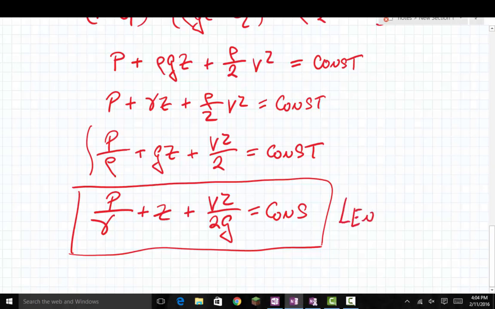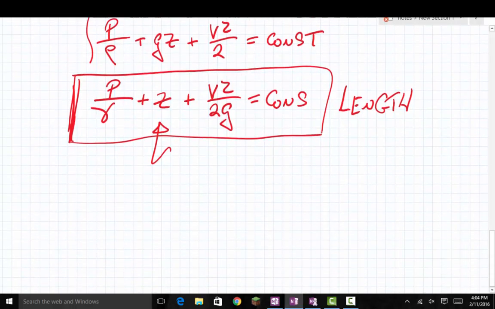Sometimes you'll talk about the pressure head of a pump being X number of feet, and that's what they're referring to. They're basically thinking in terms of the Bernoulli equation as to how much pressure head you have, and because you've written everything in terms of length.